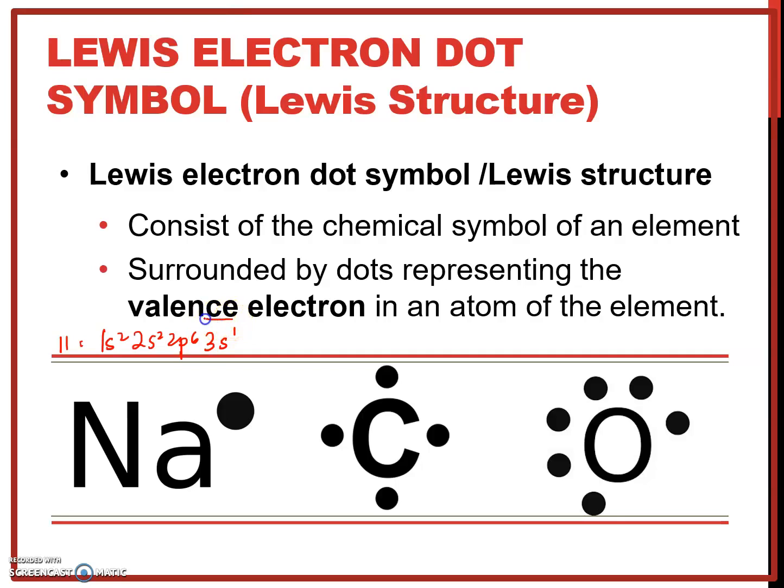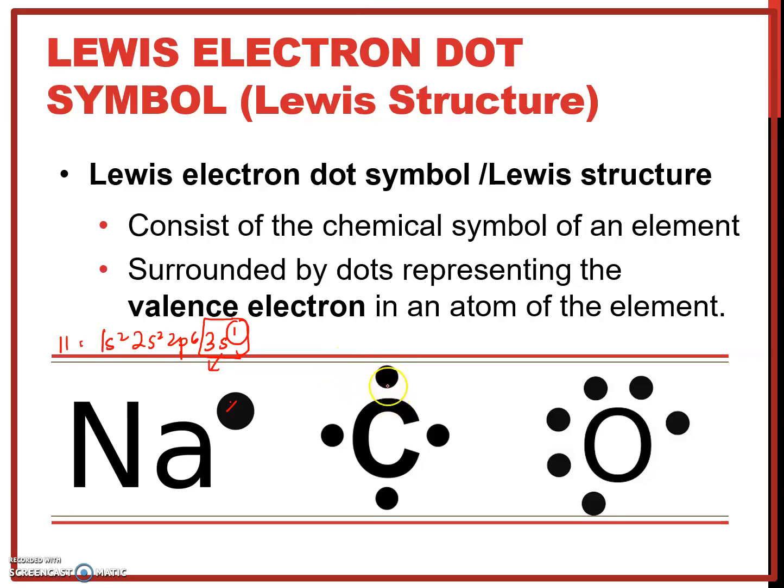So the outer shell is n equals 3 and the electron is 1. So you determine now that sodium is group 1, so it has 1 valence electron. Write the symbol of sodium, Na, and 1 dot representing 1 valence electron.